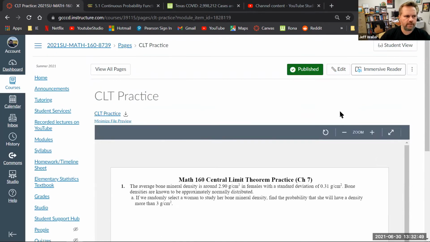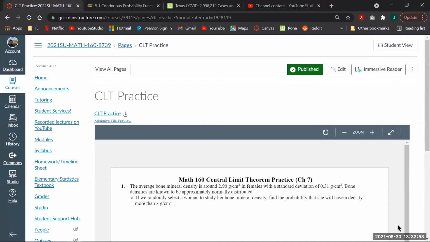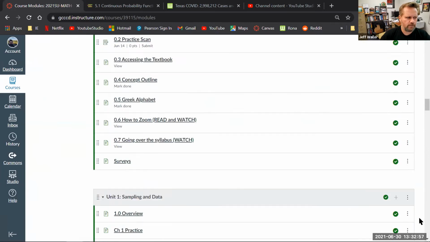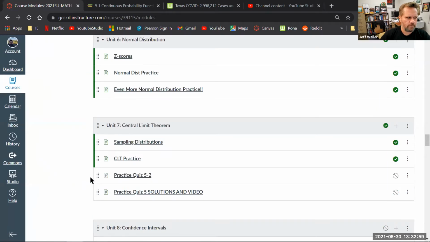Can you guys find this? Can you guys see this CLT practice sheet? You have to refresh Canvas. I just unlocked it. Refresh. So it's right there, CLT practice. You only see these 2 things because these other 2 things are not published.